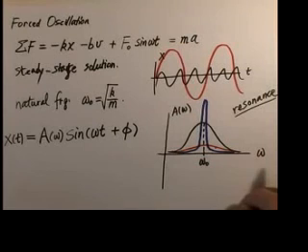For example, wind can blow on and off. It's like a force rocking the bridge. But if the frequency due to the blowing of the wind gets close to one of the natural frequencies of the bridge itself, that can cause a very large oscillation that can even collapse the bridge.